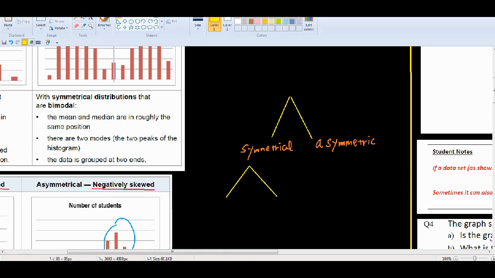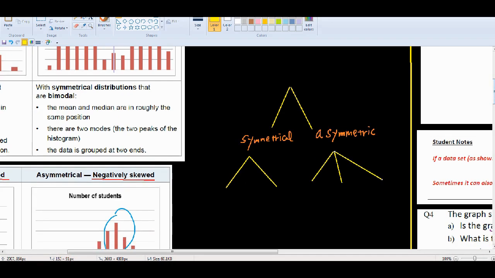For asymmetrical data, actually there are three types. I will show you why. Asymmetrical, you have negatively.